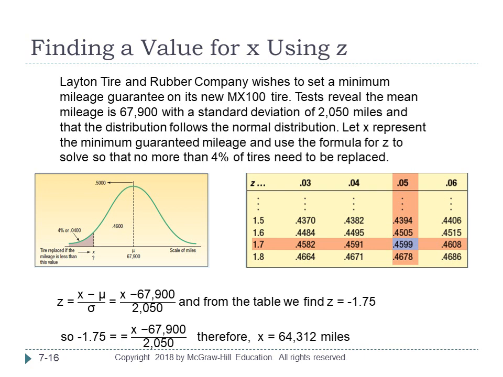Now solve for X, multiply both sides by 2050 and add 67,900. X will be 64,312. So this is the X value that will guarantee you the 96% of the tires.